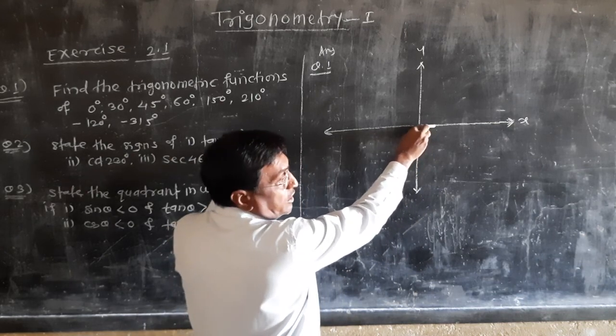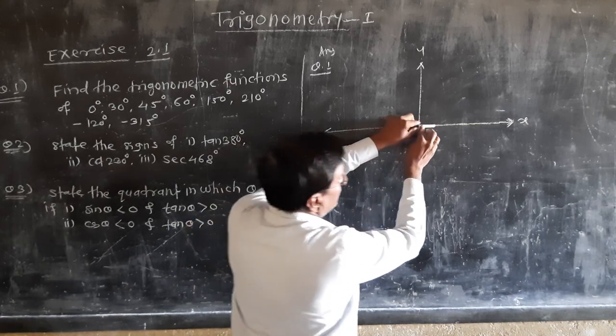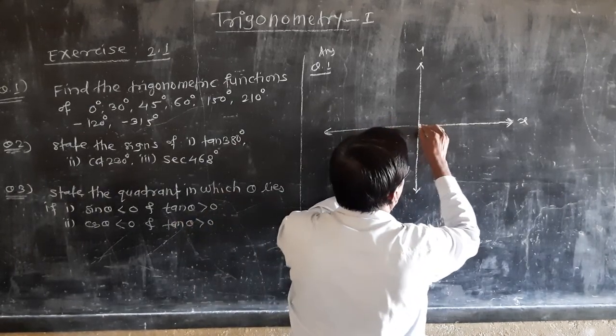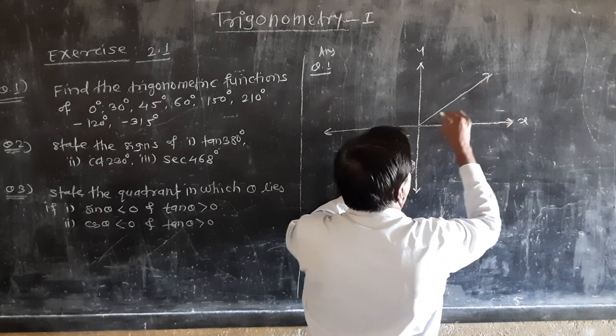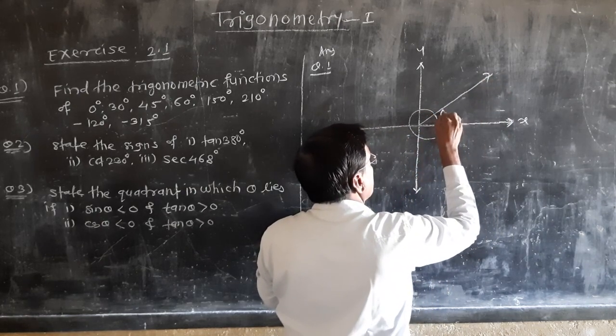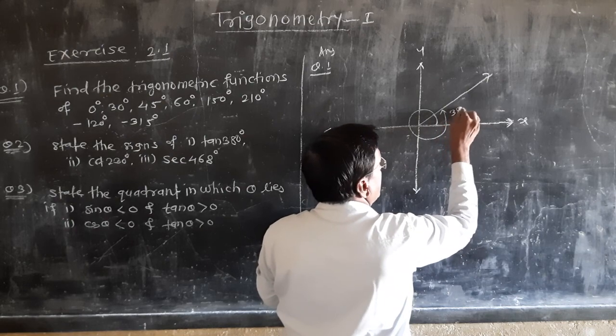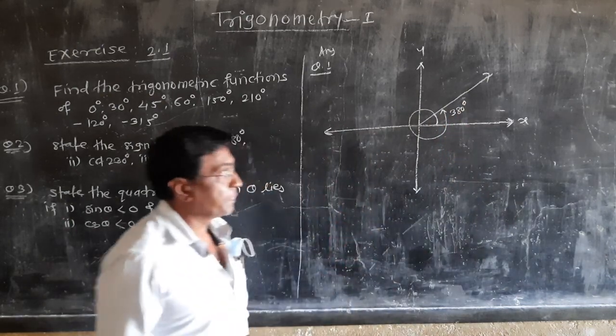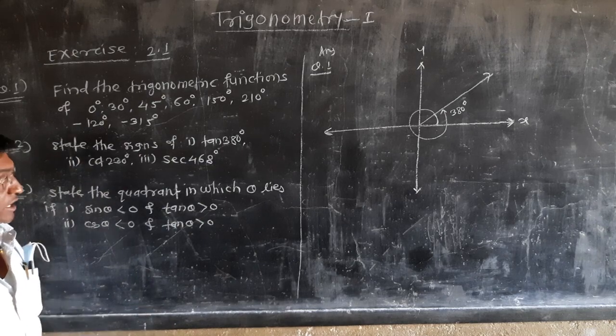Our measure will be 380 degree, 360 plus 20, means it will be like this. This is 20, and so this measure will be like from here to here. It will be 380 degree.